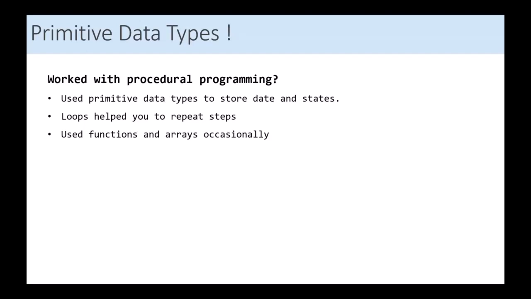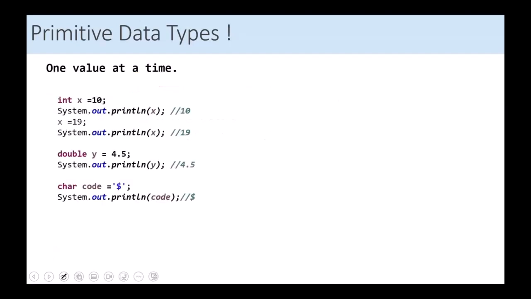You did use functions, but not from within objects. So far, what is the type of programming you learned before called? Procedural programming. Basic data types, loops, decisions, and sometimes functions. So what you did use before is primitive data types.